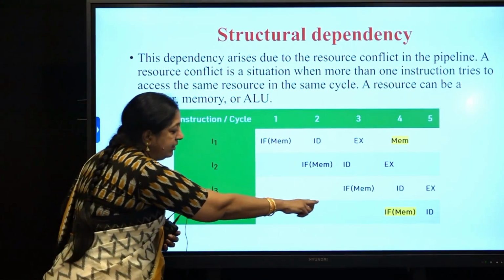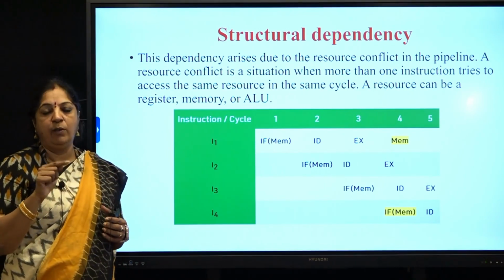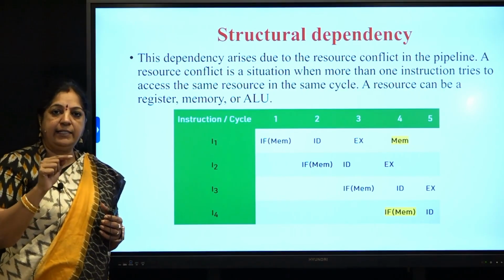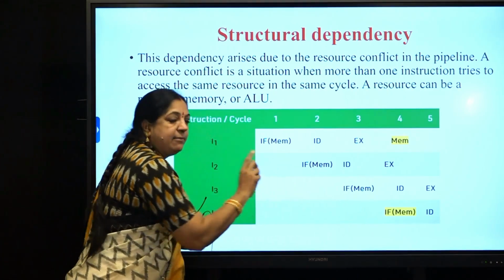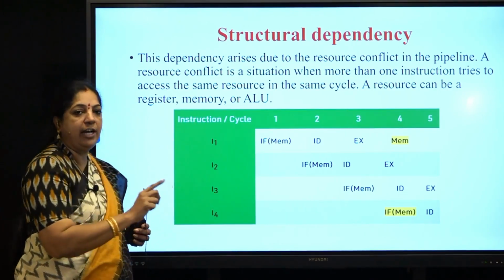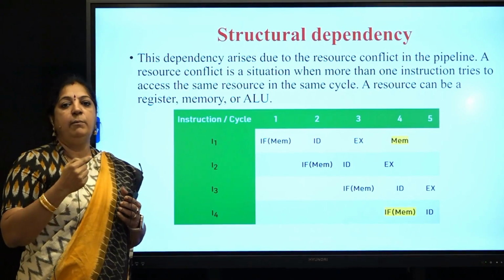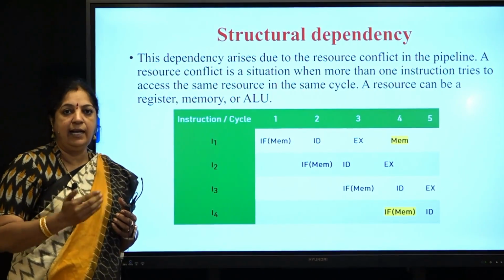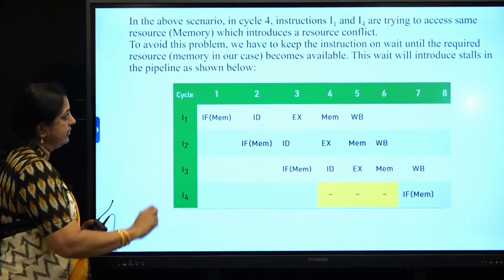Fourth instruction, the first segment, that is fetch instruction. Fetch instruction means again it is to be fetched from the memory. So here also the resource is memory. So instruction 1 and 4 both are trying to access the resource memory simultaneously and in the same cycle. So that gives a conflict.